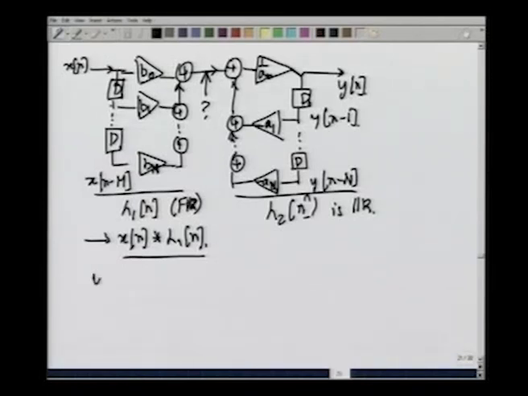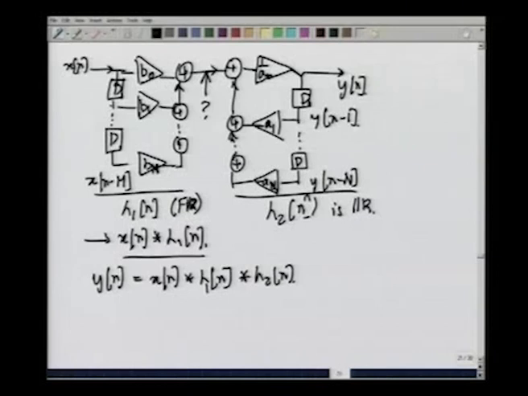Therefore, I can write yn equals xn convolved with h1n, this in turn convolved with h2n. This is a total convolution of the FIR part followed by the IIR part with the input signal to get yn, the output sequence.